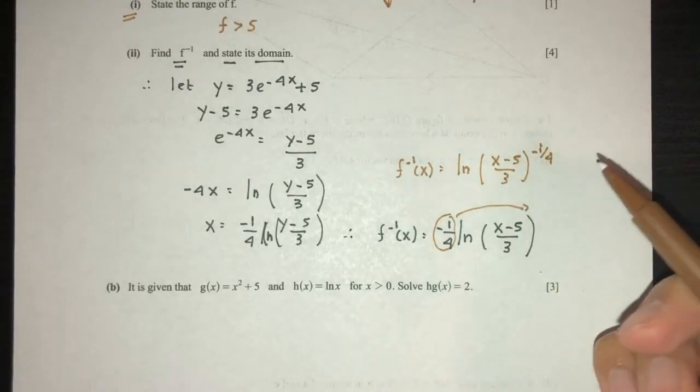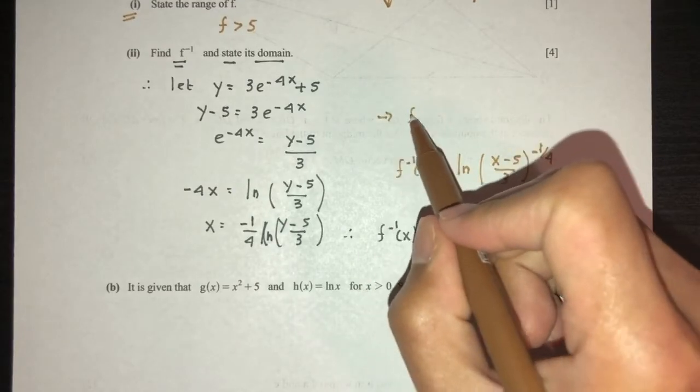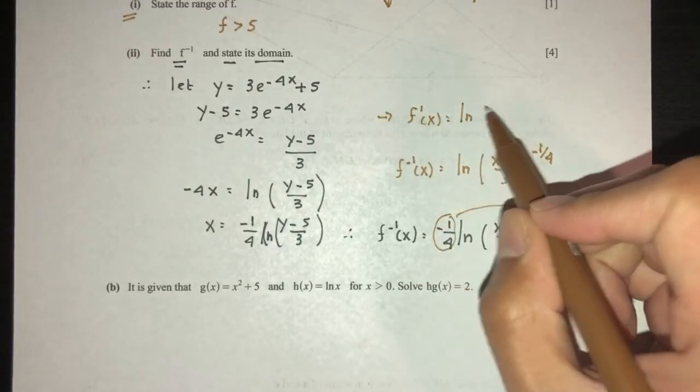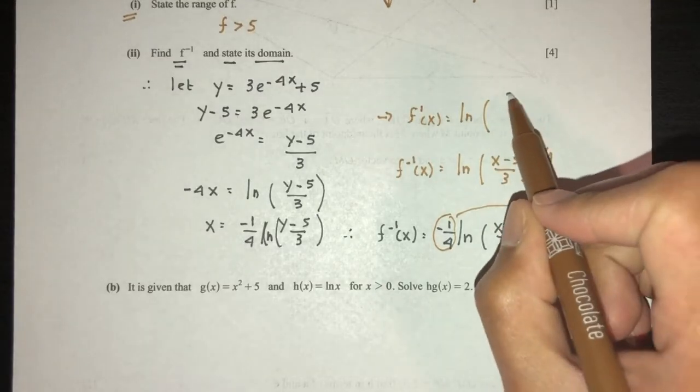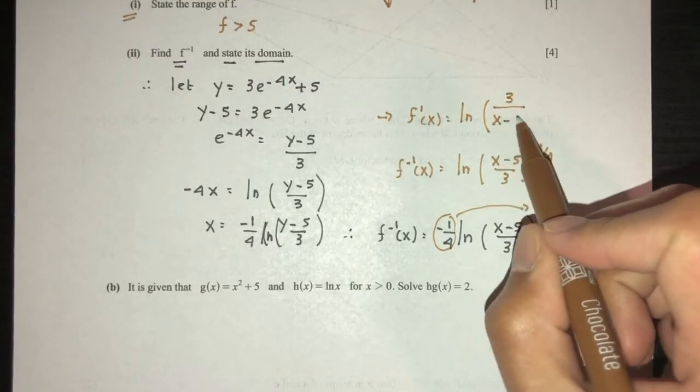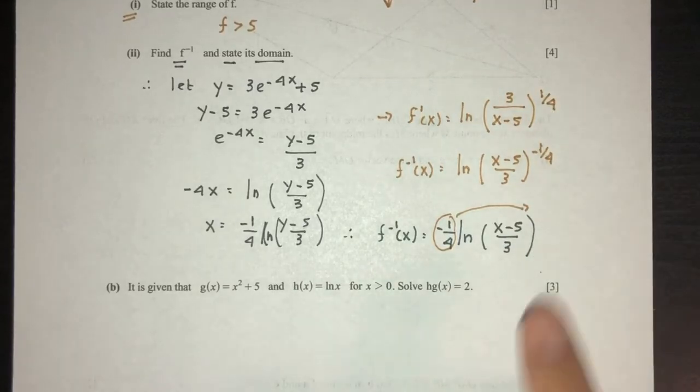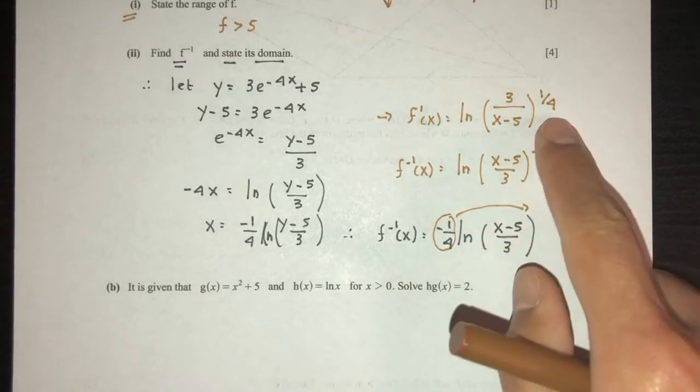And then if you want to simplify, f inverse of x will be ln of 3 over x, that will become the positive value. So that will be one way of simplifying this to this.